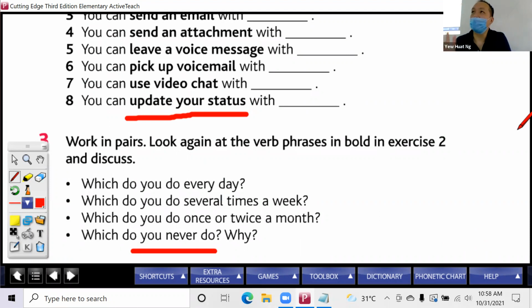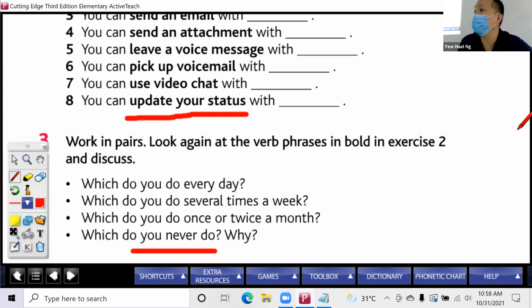Actually, wait. I'm sorry, I do. I changed. I do because of business. For my own business, I need to update my status. Again, status would be like single, married, studying class, having a break.